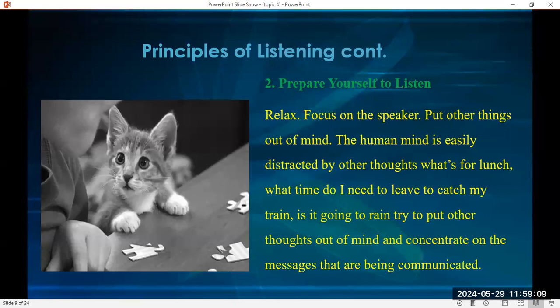I start imagining that I did not close my car door. Then I will not listen to the student. I will just wait for him to finish what he's saying. Then I will say, we will talk. So prepare yourself to listen, sit down, relax, focus on the speaker.